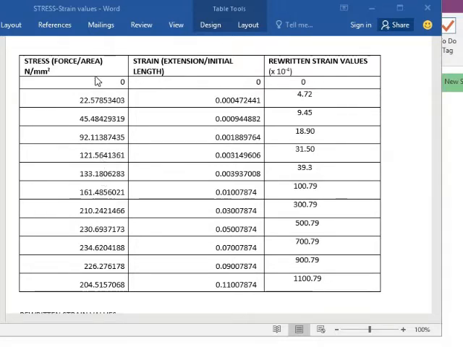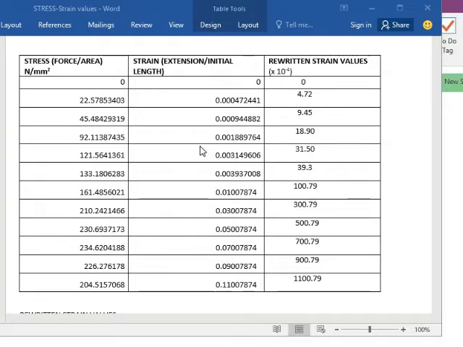I considered the fact that my values for stress are actually okay. They are not that confusing. They can be easily plotted on a graph because I can easily maybe get a scale of a multiple of 20 or 50 to represent all this. But then the problem lies in the values for the strain. Most people get confused with values which have many decimal places, something like this.